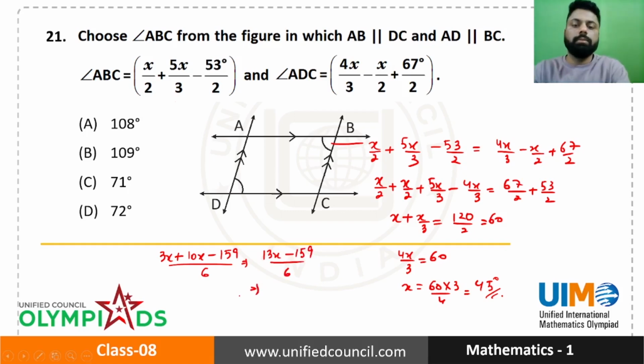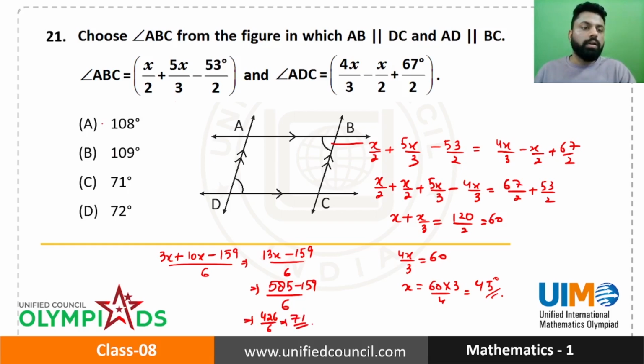So this is equal to 13 into 45 minus 159. 13 into 45 is 585, minus 159 upon 6, that is equal to 426 upon 6, that is equal to 71 degrees. That is what the correct answer is. C option is the correct one.